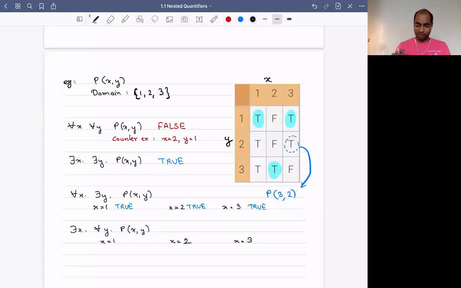What does that mean? I want when x is 1, every y gives me true. Let's see. So when x is 1, every single y value needs to be true, and that is in fact true. So, and the y cannot depend on x. And here I get true. And I don't need to check further ones because I just need a 1x. The whole proposition becomes true. This is also true.